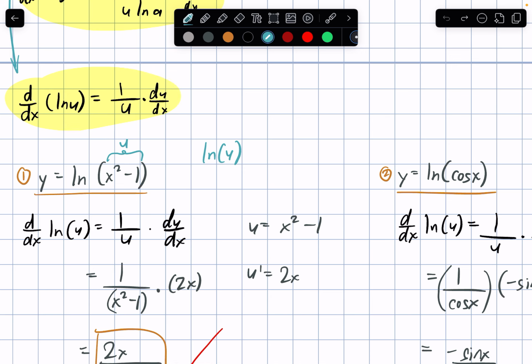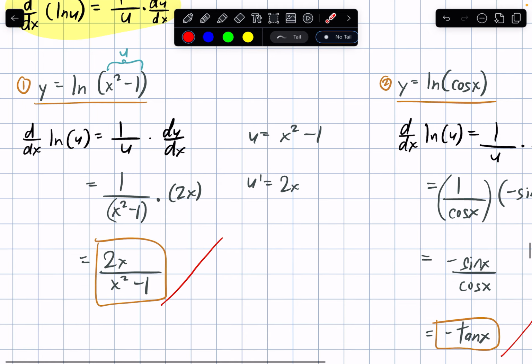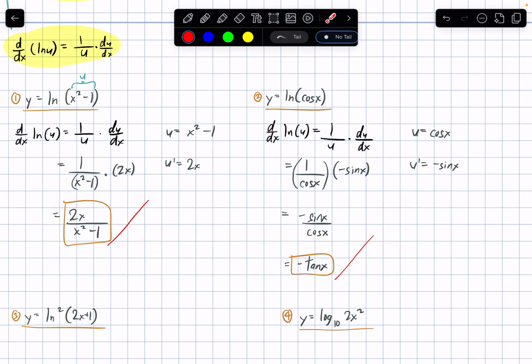That's what we use. So identify the u and identify the derivative of u, which is 2x. As easy as that. Just substitute the values. So 1 over u, which is x squared minus 1, times 2x. And if you simplify, well, just multiply, you get the answer already.